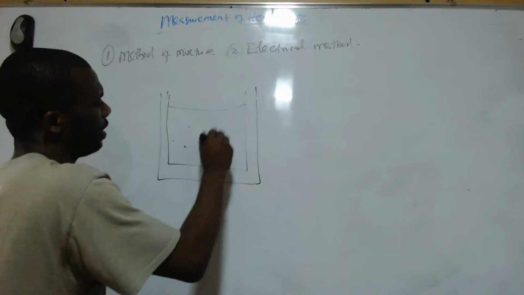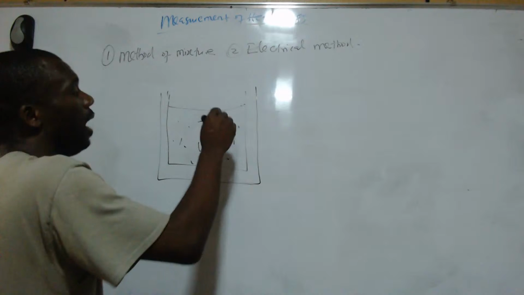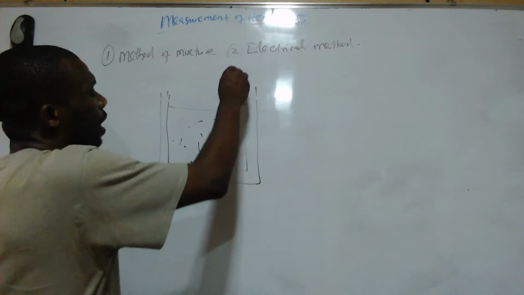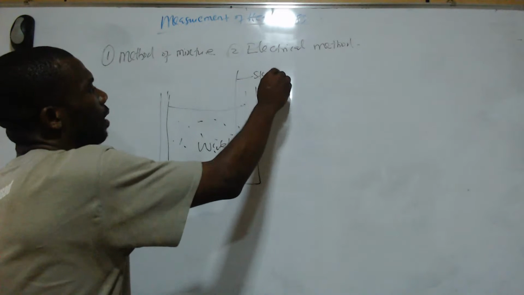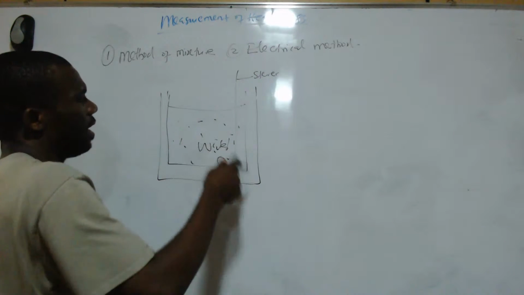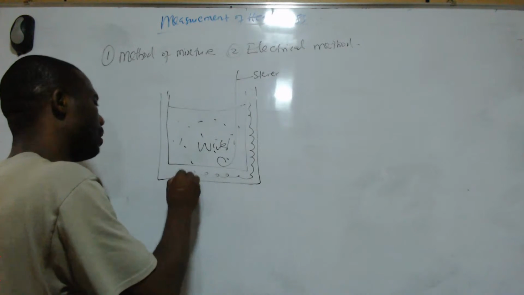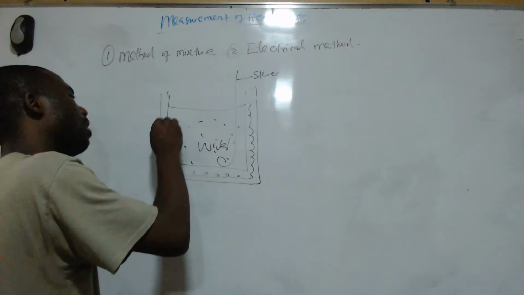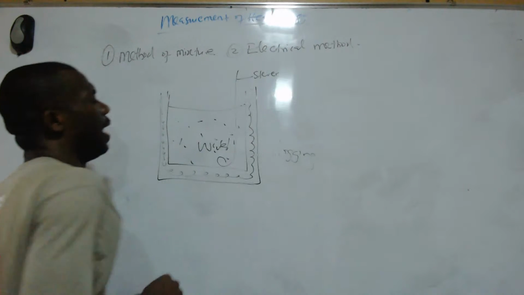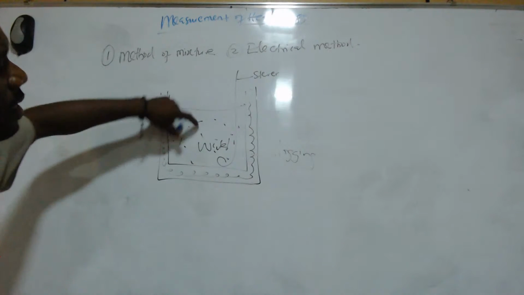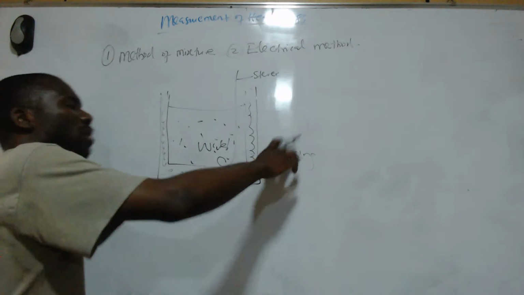Let's say the substance here is water. And then we have what we call a stirrer. This is a stirrer. This is a lagging. We lag the calorimeter. We have a stirrer inside the water, and we have a lagging material.